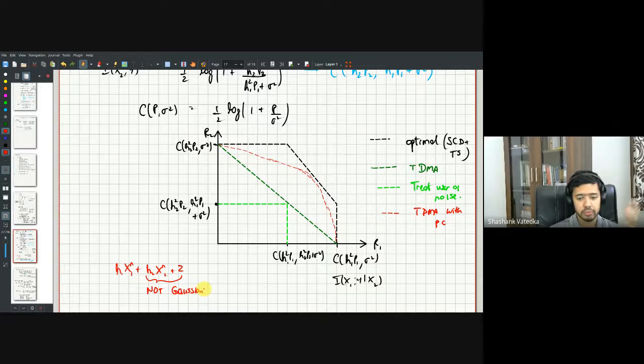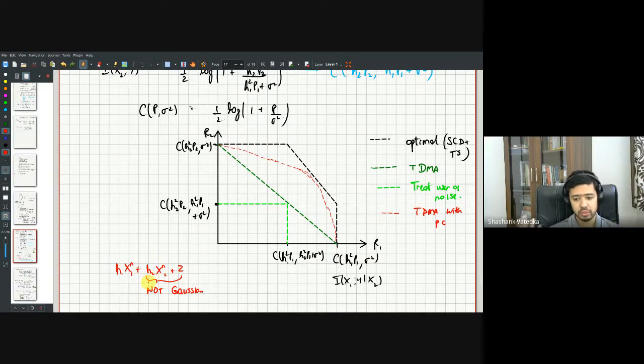In practice, when you're using one specific code, say an LDPC code or some constellation, Z is Gaussian, but X2 is not Gaussian, because it's coming from some finite set of code words.